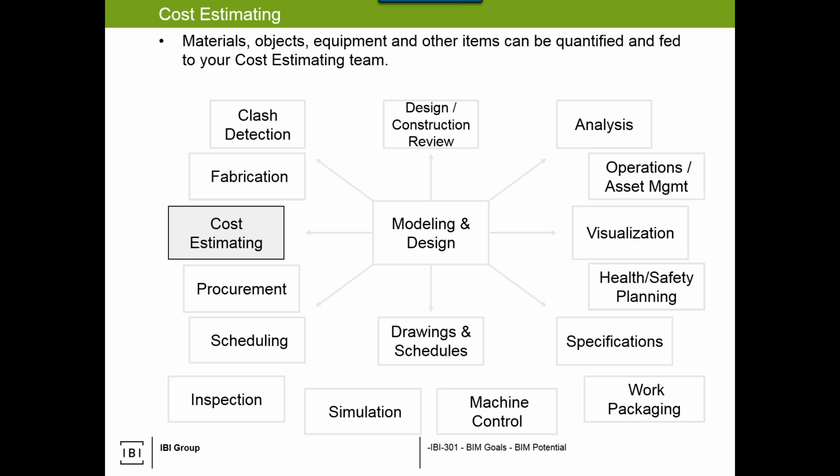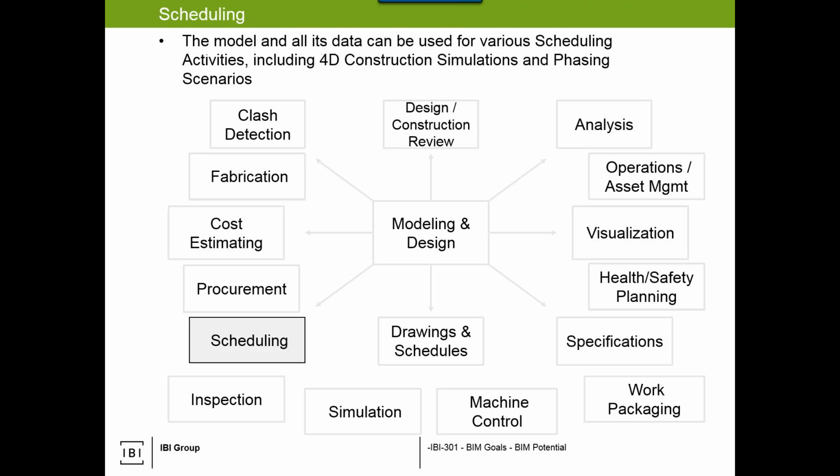So it's about information transfer and the amount of information. So if a BIM goal is intended to fully feed our cost estimators with material quantities, that would have an impact on the project setup to make sure that there's enough metadata in the component types that are being selected in order to facilitate the information out to tools like Timberline or other cost estimating tools.